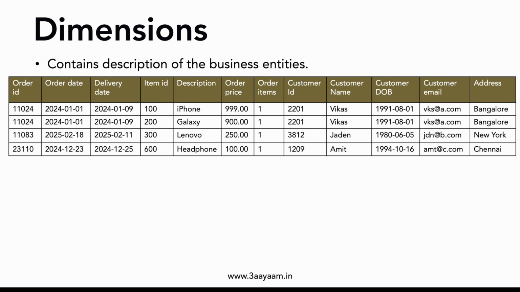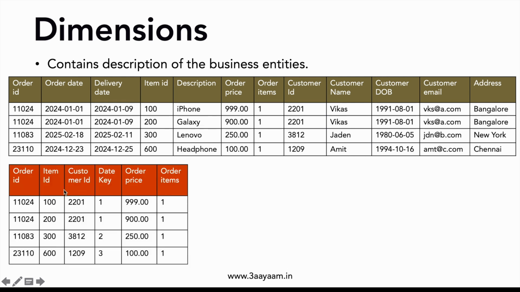These are information about the business entities, but they are not numeric data at all. So there has to be a way that the fact table that I had just shown you in the previous slide should have a pointer to these records also. And these records or these columns or these attributes would go to dimension tables. So I'll have to modify the fact table in this way. I'll have to add the item ID, customer ID, date key.